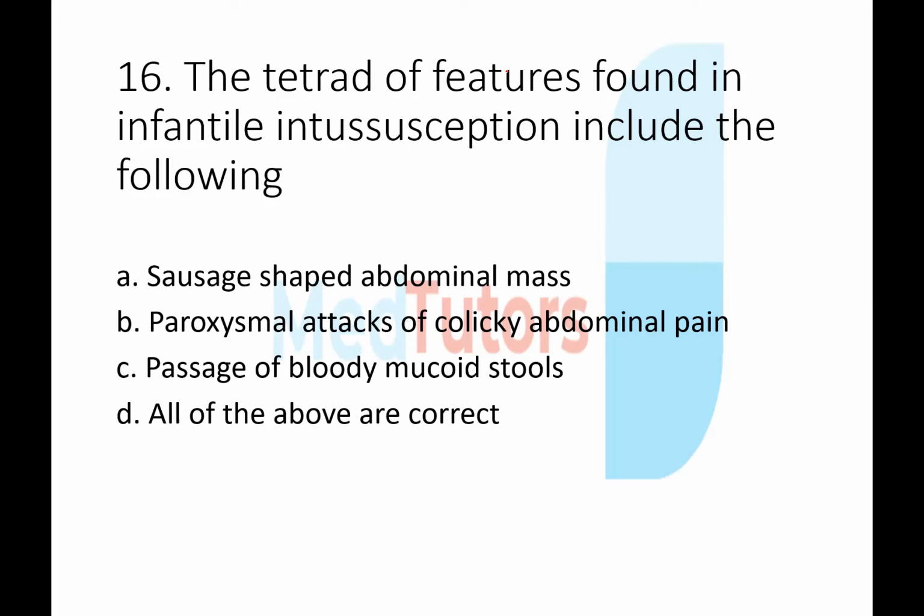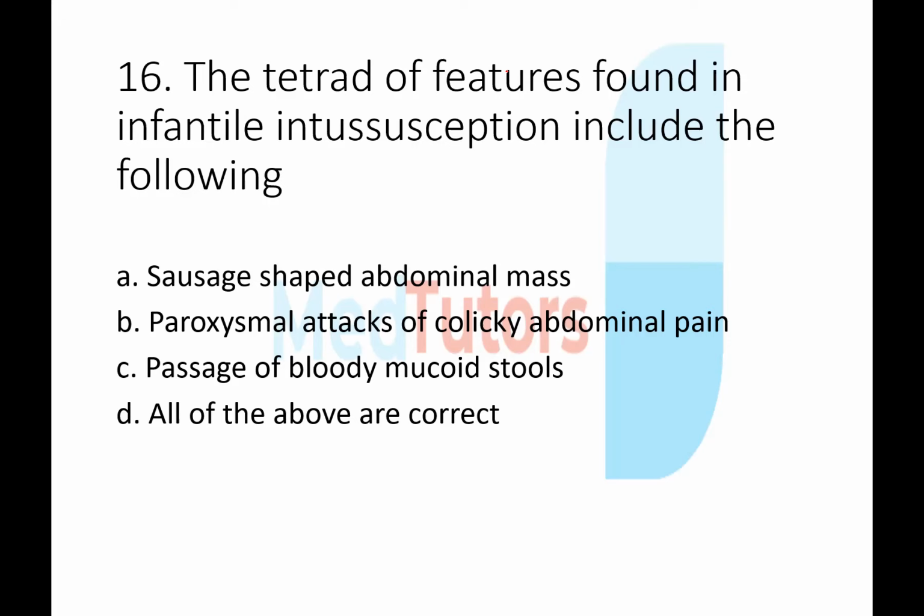Paroxysmal attack of colicky abdominal pain, and the child will be presenting with paroxysms of crying spells, and they pass a bloody mucoid stool. So they pass what is called red currant jelly stool.